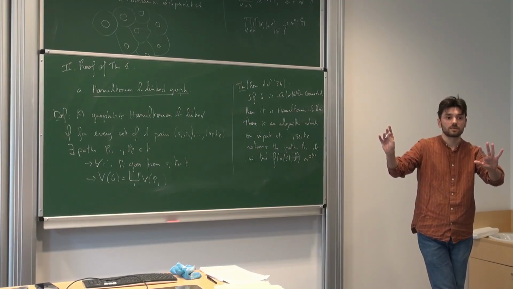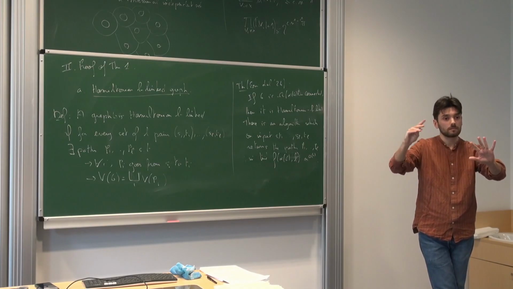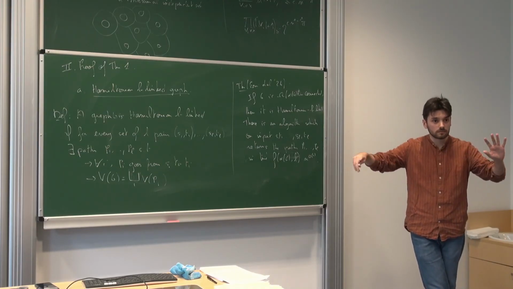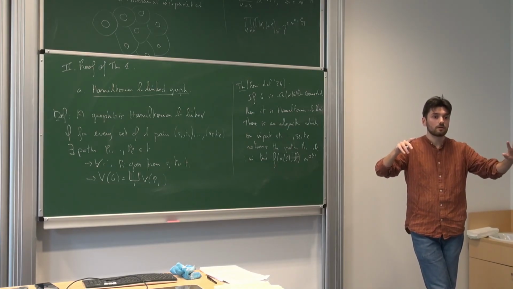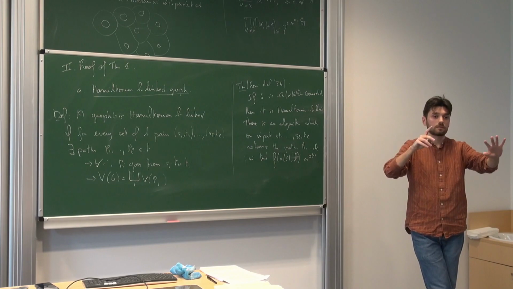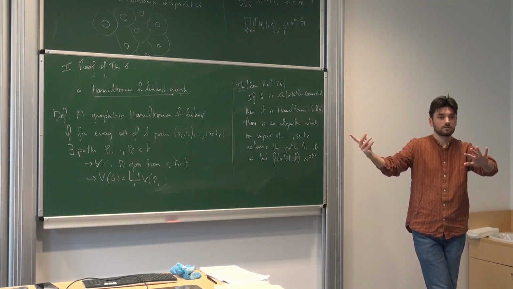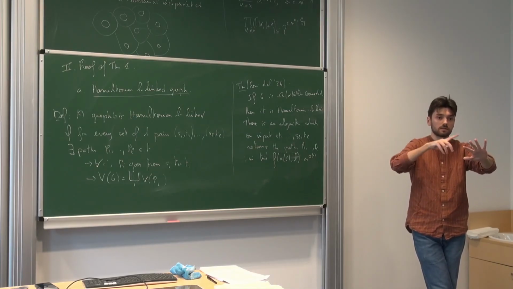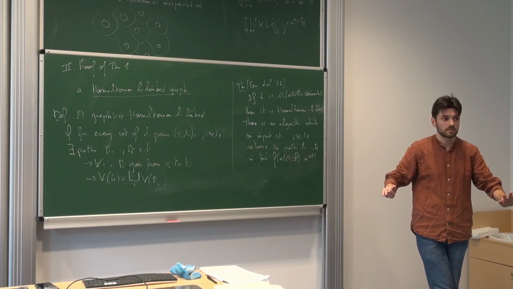And so you can decide in FPT time in alpha if there is a topological minor embedding which covers the whole graph. It seems to be okay.